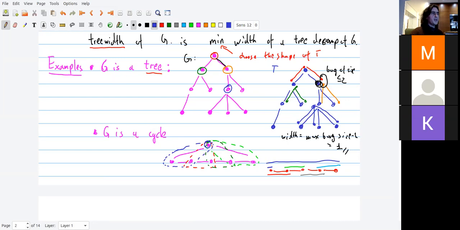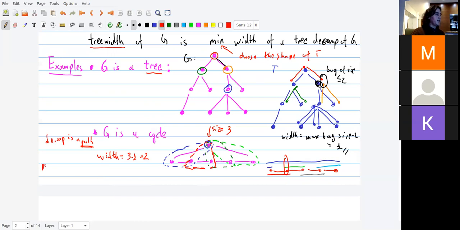Yes. And now you see that here the bags, corresponding to those sections of this decomposition, are of size 3, which means that the width of this is 3 minus 1, equal to 2. So observe that in this example, the decomposition is a path, right? Which is a special kind of a tree.